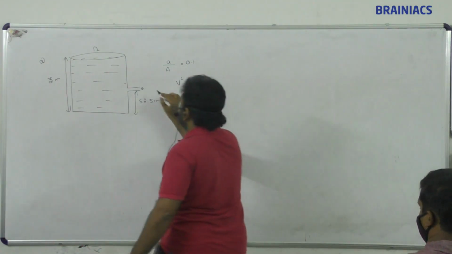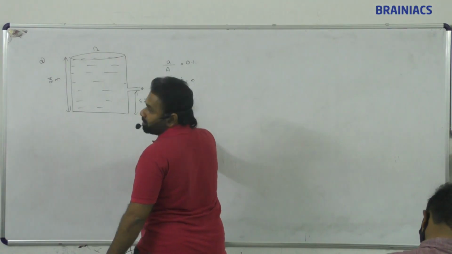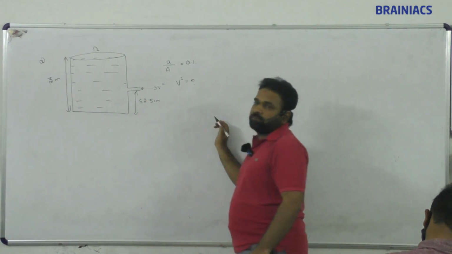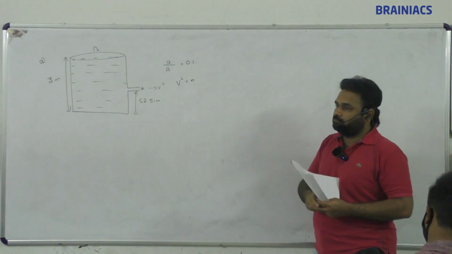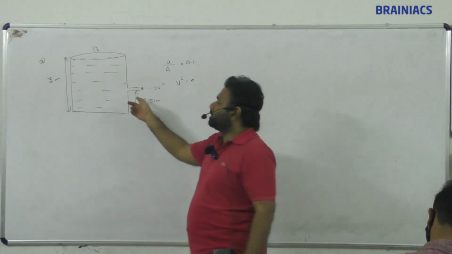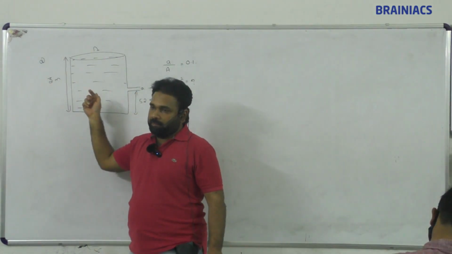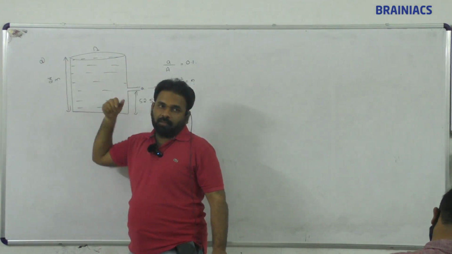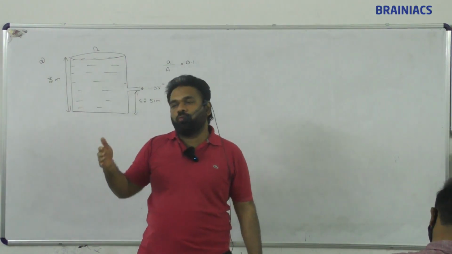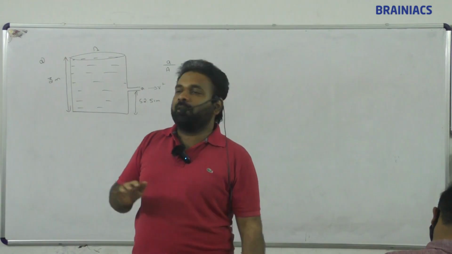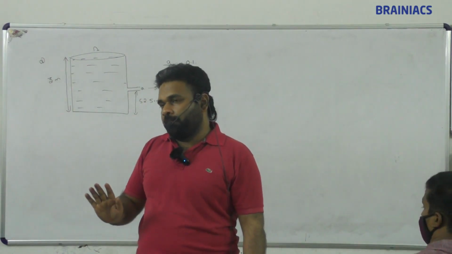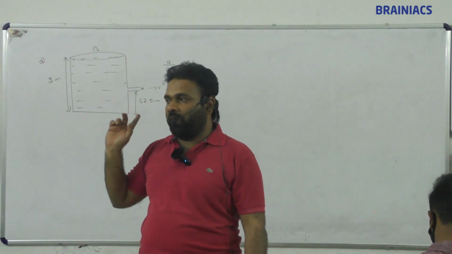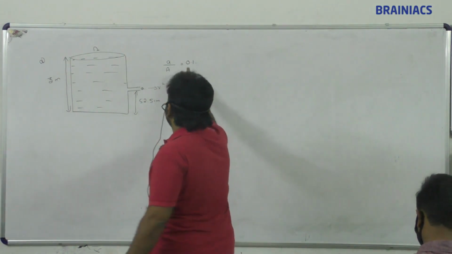Which V square? This V square. So this time the area is not negligible. This area we cannot neglect. So the thing is V is equal to root 2 GH, that liberty we cannot use here. Okay, so a different question. This area is given.